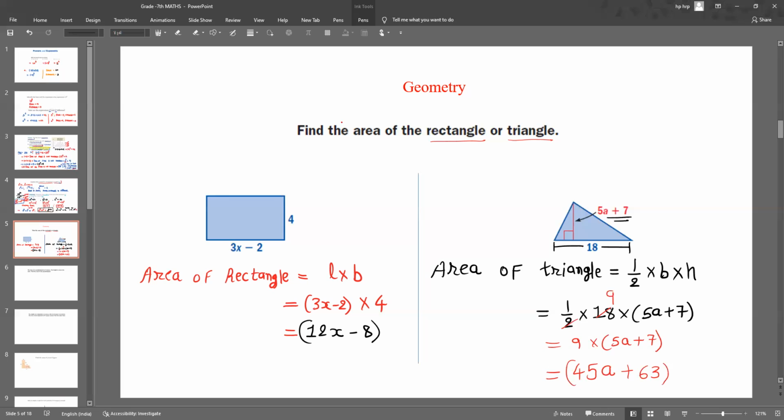Okay, now my question is, what can you say about this 12x minus 8, that is the area, and here 45a plus 63? So what can you say about this kind of thing? Any idea about that one?